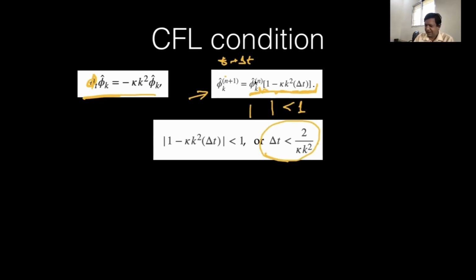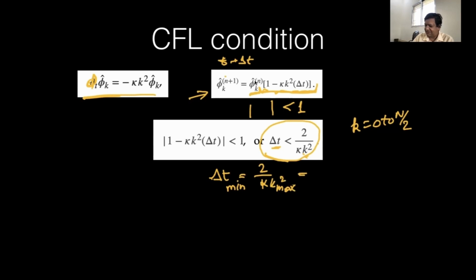But one more point: there are many k's, right? k goes from 0 to n by 2. So delta t is not a single value; it's a multi-scale problem. There is evolution at different time scales or different length scales, so delta t depends on k. What is the minimum delta t? The minimum delta t is when k is maximum, so delta t min equals 2 by kappa k max squared.